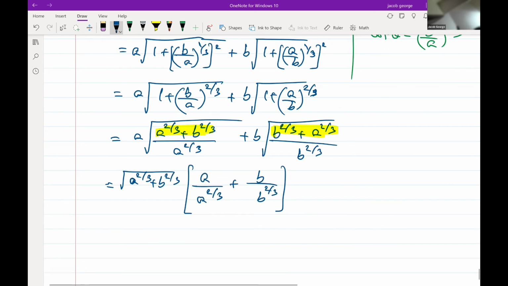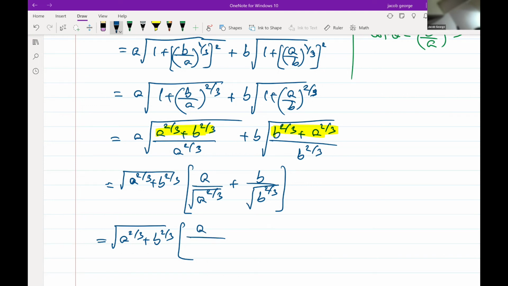That is root of (a raised to 2 by 3 plus b raised to 2 by 3) into a by a raised to 2 by 3. We can simplify: this was under root and this is also under the root. Root means raised to 1 by 2.